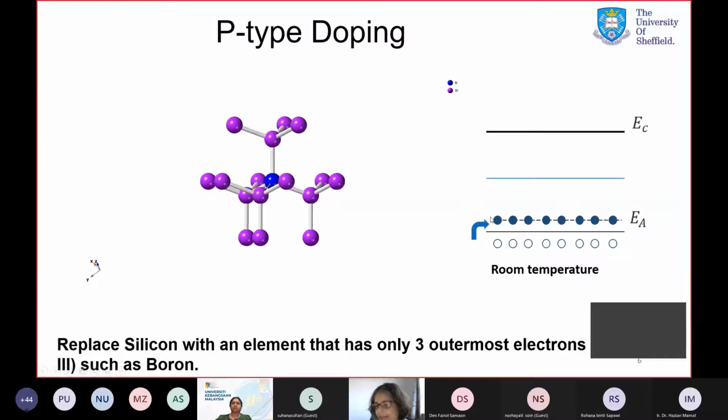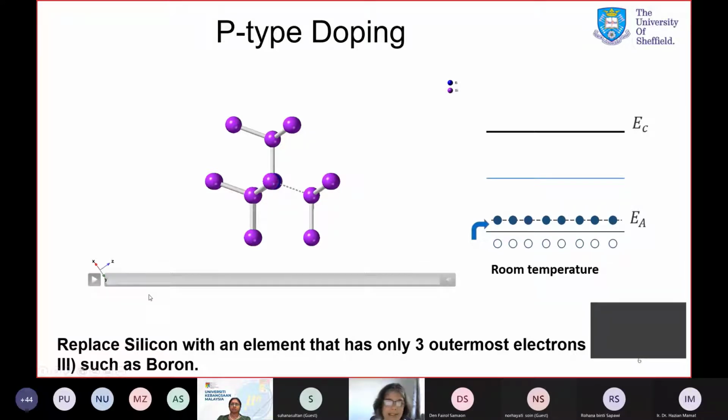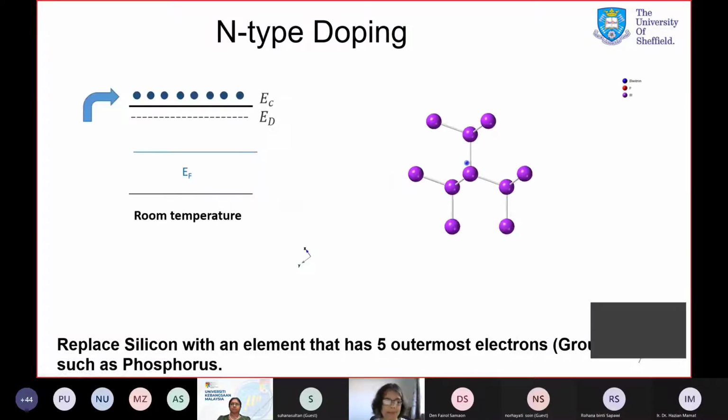And that introduces an energy level within the band gap, which is quite close to the valence band. And that allows at room temperature electrons from here to jump into these energy levels, leaving behind holes for conduction. And that's known as p-type doping. It makes the silicon p-doped.